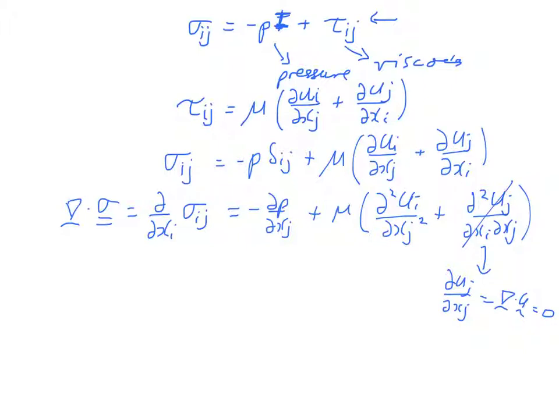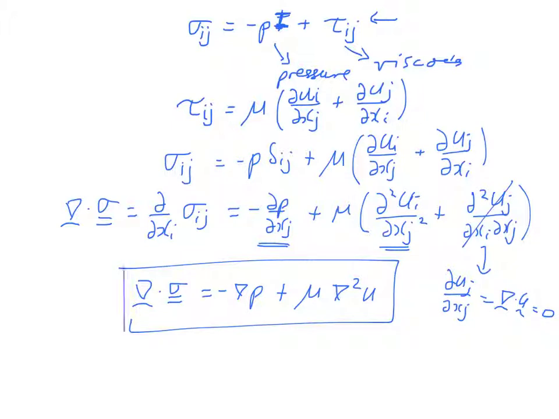So what that means is that we can end up writing our divergence of sigma as being a pressure gradient. Okay, so negative grad p plus mu times grad squared of u. That's what this one on the right here is.